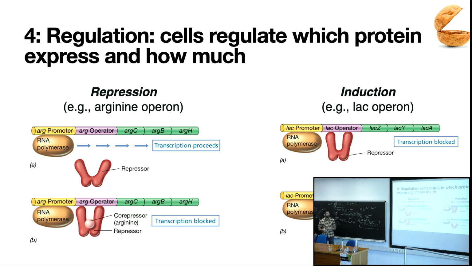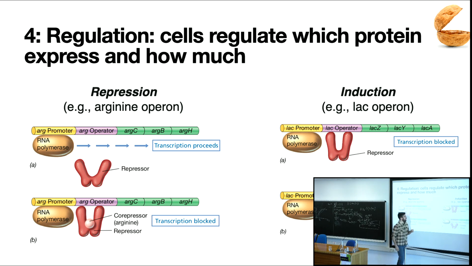Now, this regulation occurs in a similar but different way. So you want to digest lactose. And typically you don't produce these proteins, okay?